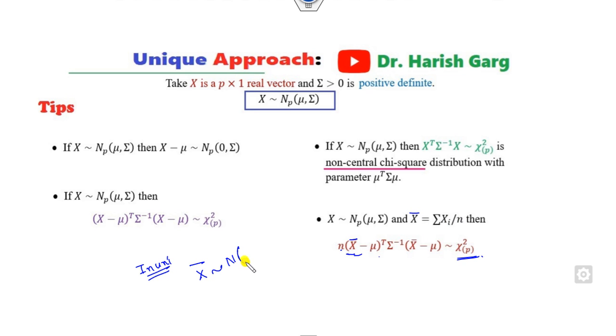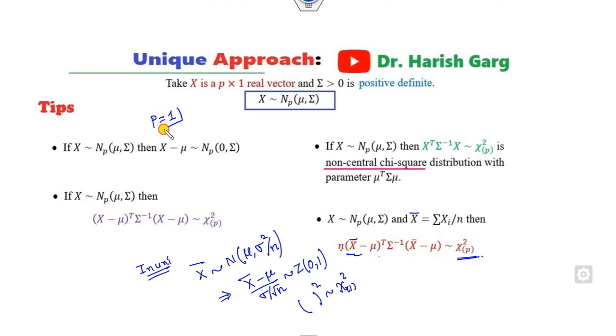It follows sigma square divided by n, and the same thing I can say: (x bar minus mu) divided by sigma over root n will follow the standard normal distribution N(0, 1), and if I square it, then it will follow chi-square with 1 degree of freedom, and if you square it, n will be in the upside.